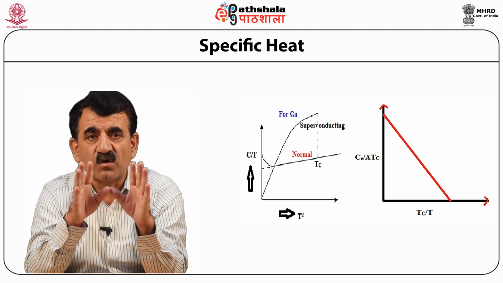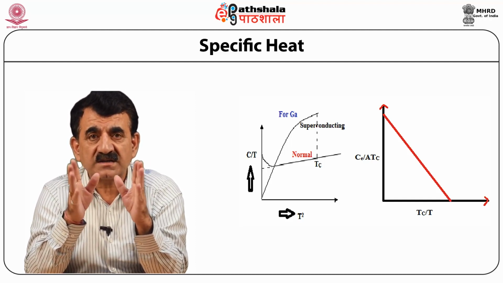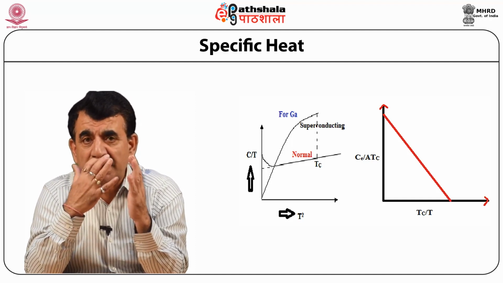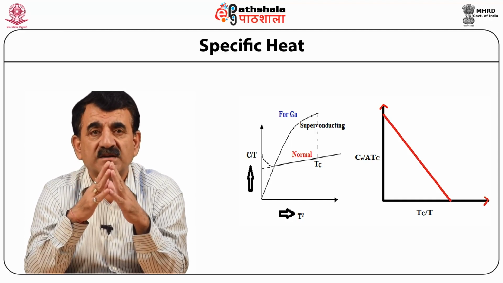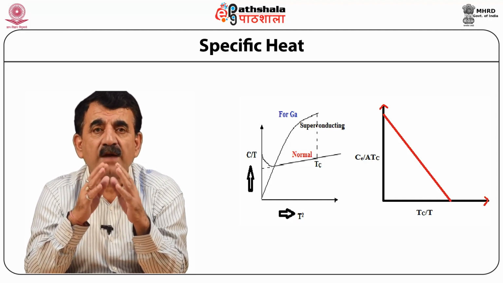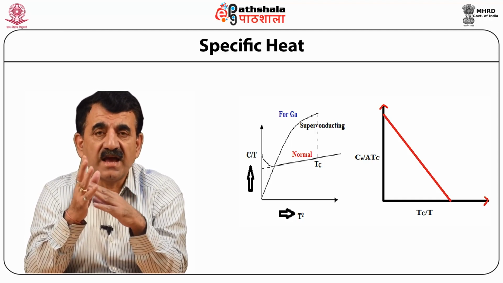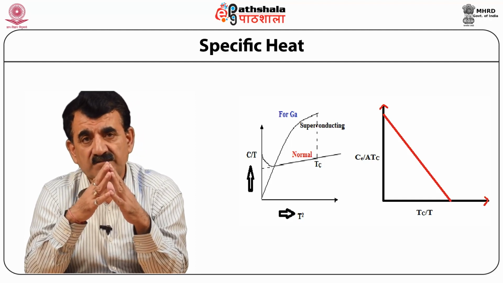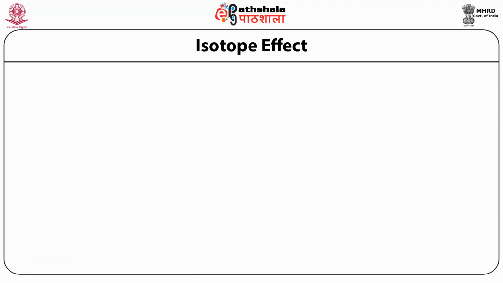So if we want to understand the specific heat of a superconductor, we have to think beyond the electron-lattice interaction, as we discussed earlier in the case of metals.